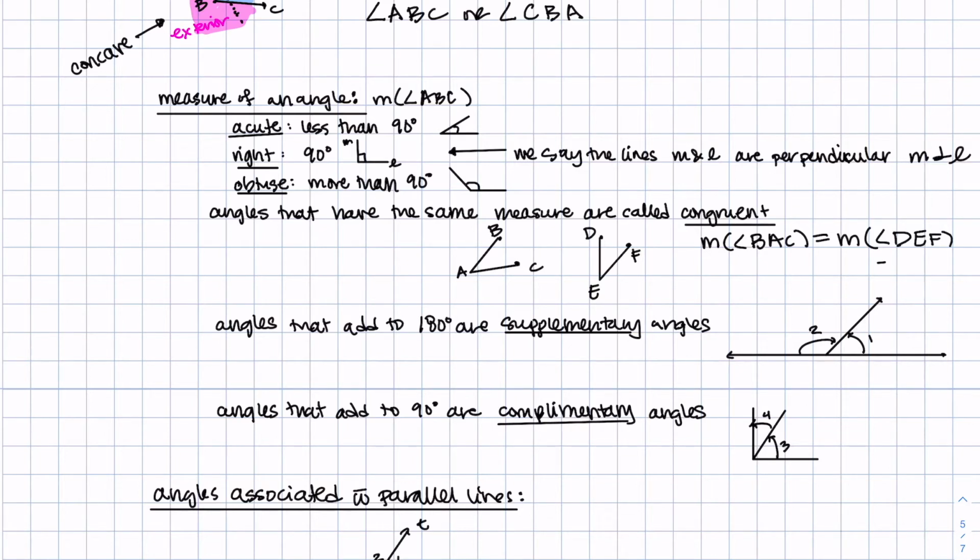And we can see that in this picture by basically, if I were to pick up this angle DEF and rotate it and move it over, it should lie exactly on top of the angle BAC.